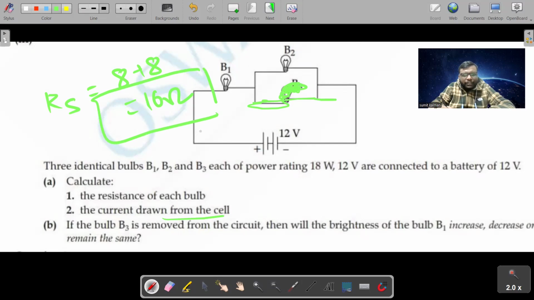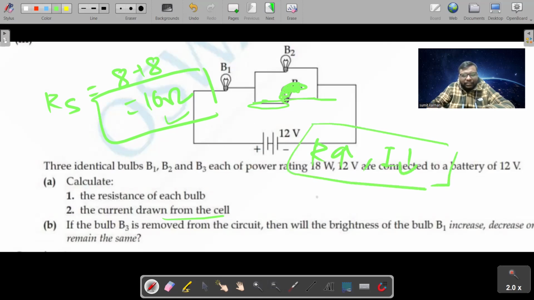Before, when bulb B3 was also in the circuit, the equivalent resistance of the circuit was 12 ohm. But now, since we have removed the bulb B3, the equivalent resistance is 16 ohm. So resistance has increased. So students, if resistance increases, then current decreases.